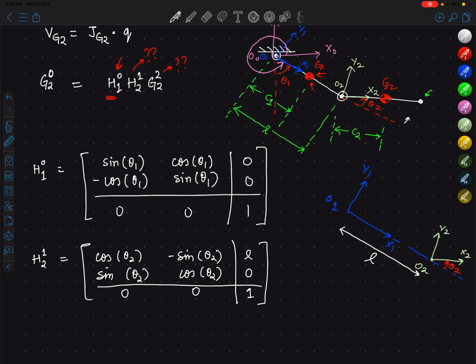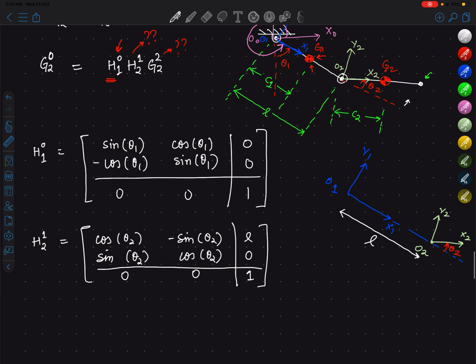And now what is G22? G22 will be easy to write. G2 in frame 2 can be written as before: C2, 0 and 1. This is because G2 lies in the direction of x2 and its y2 coordinate is 0.